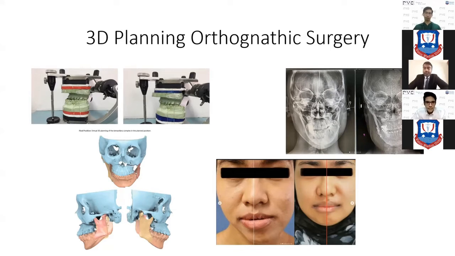With this patient, the virtual planning execution was not what I anticipated. Although we simulated it on the computer and it looked nice, when we transferred it to the patient, it wasn't what we expected. So problems do arise, whether it's virtual planning or not.